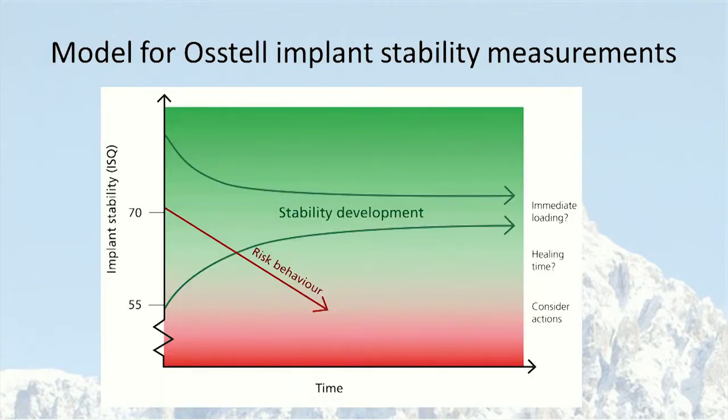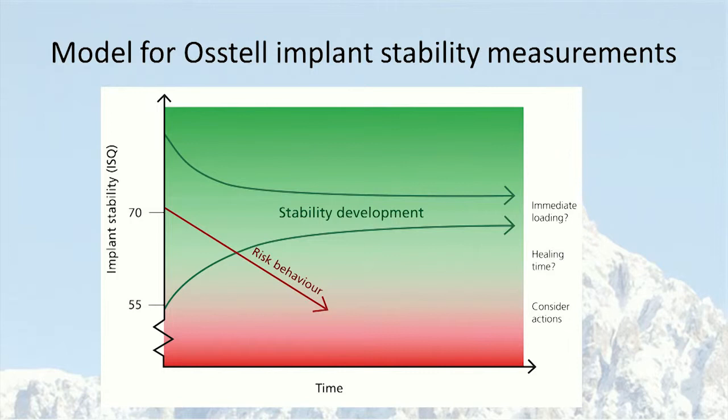And this is just a summary of the model, how we are thinking when using Osstell measurements. So this is day 0 when we place implants, and we will see different degrees of implant stability, maybe from 55 up to 85. That's quite normal depending on bone density and so on.